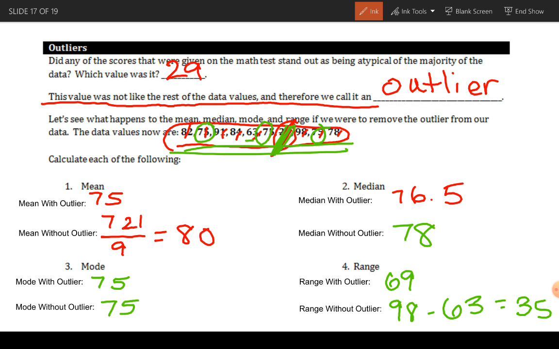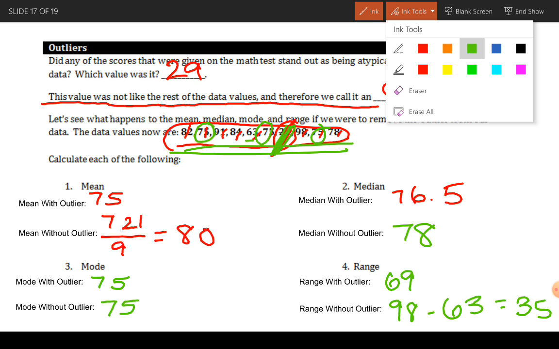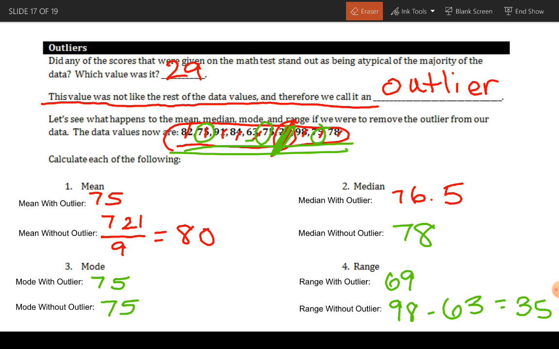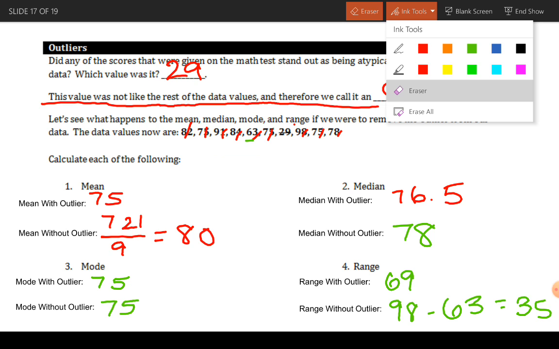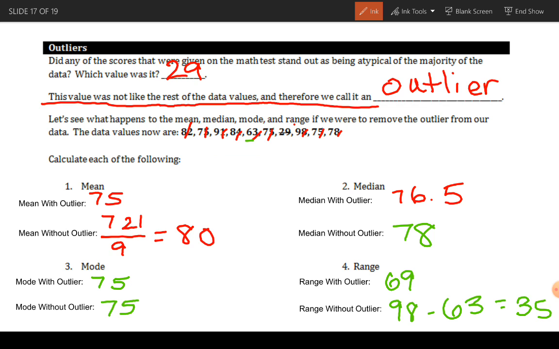So let's go back to our question that we started with. I'm going to erase some of these marks so that we can see the data values that we are starting with. So it says, let's see what happens to the mean, median, mode, and range if we were to remove the outlier from the data.